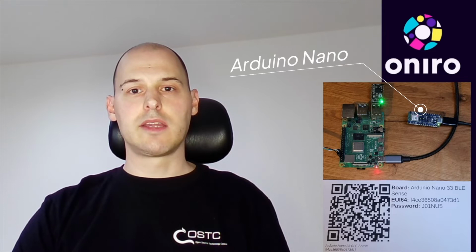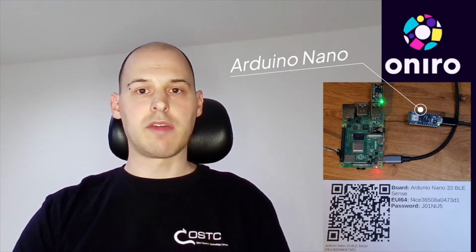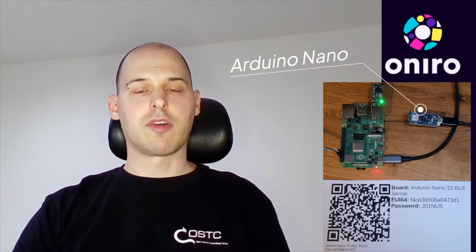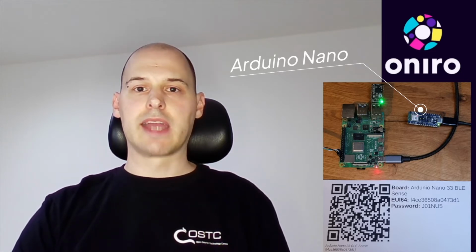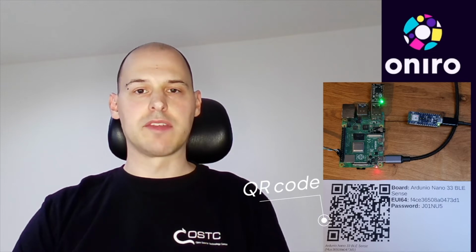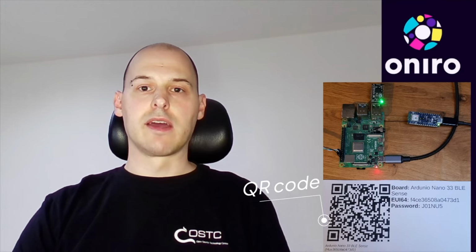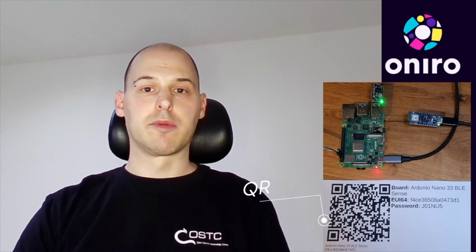On the right side, you can see an Arduino Nano 33 BLE, which is running the Zephyr operating system and is configured in a way that it can act as a mesh node on the OpenThread network. On the bottom you can see a QR code which will later be used together with the mobile phone to onboard the Arduino board to the OpenThread network.